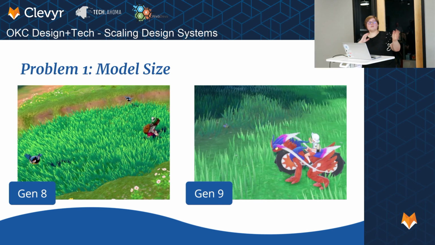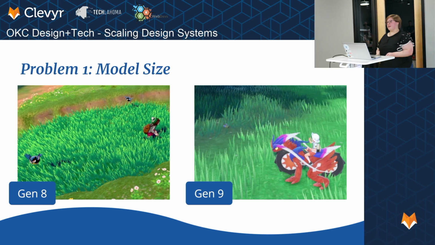So users were having a lot of trouble even noticing that Pokemon was there. They'd run into them, they'd miss them in testing, and so it was just an issue where users couldn't see their primary objective, the Pokemon they were trying to catch.